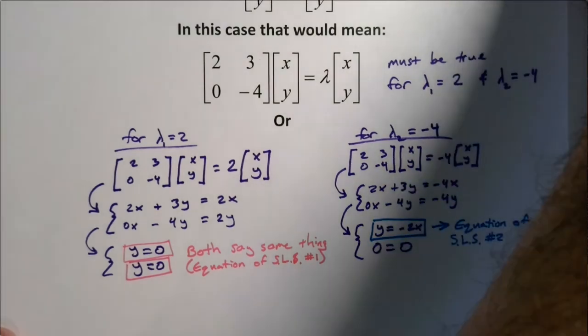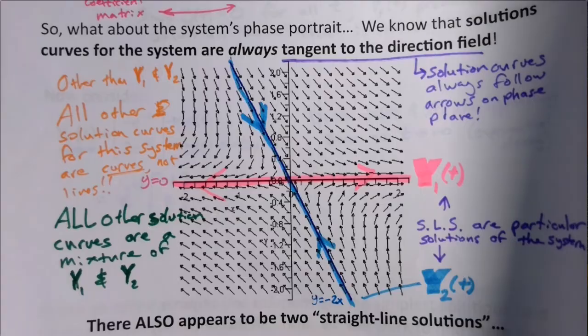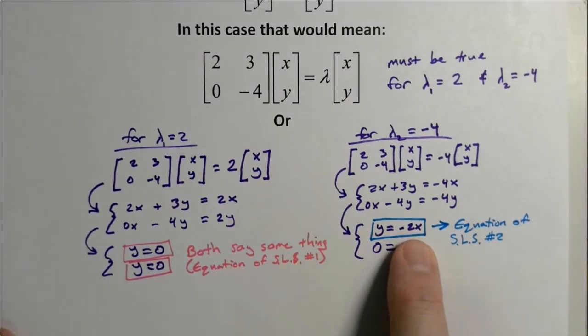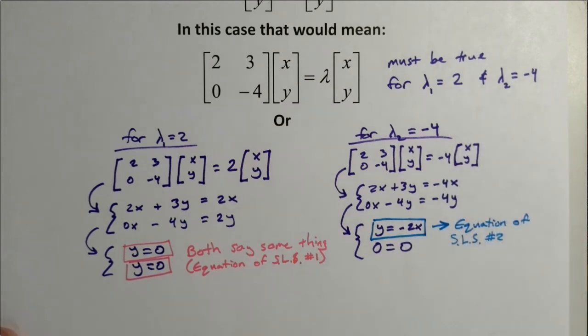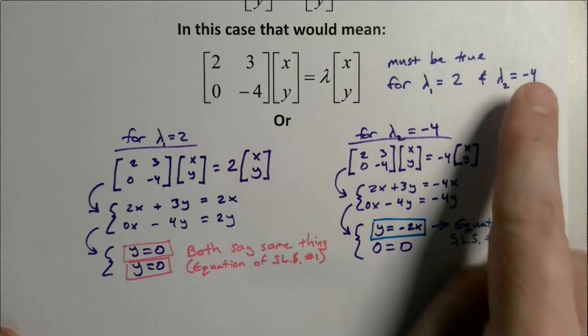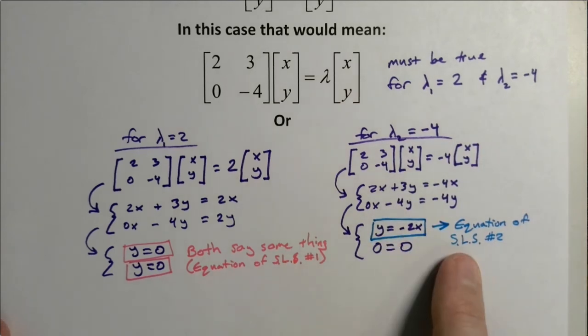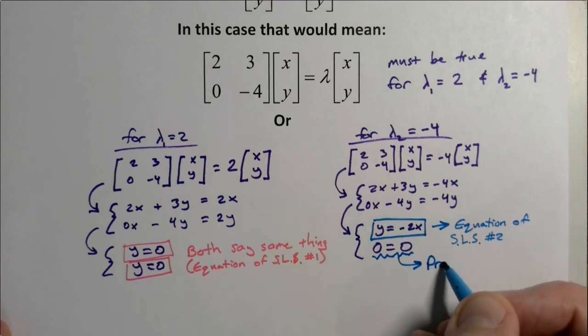From way back, flip back over here, that's the equation of that blue line. Remember we said it's something like y equals -2x. Well, sure enough, it's right there. It popped up from this magical lambda value. So if we know lambda, then we know the direction that our straight line solution is going. So our equation for straight line solution number 2 was right there. And you'll notice that the bottom equation provides no new information.